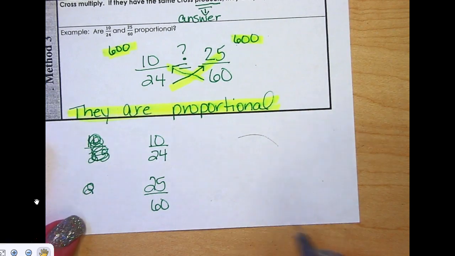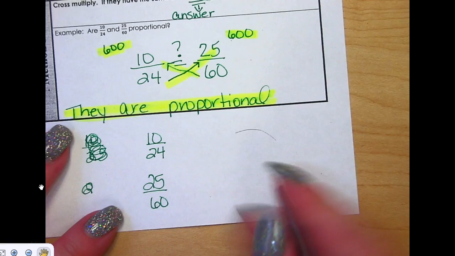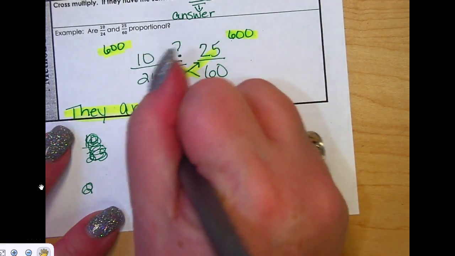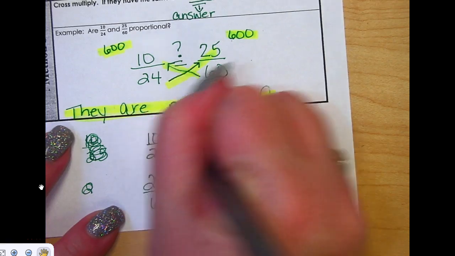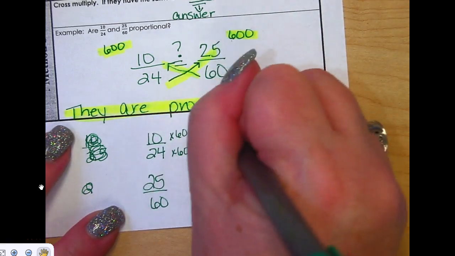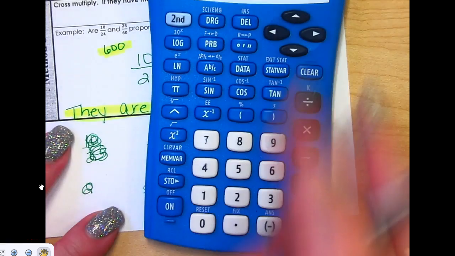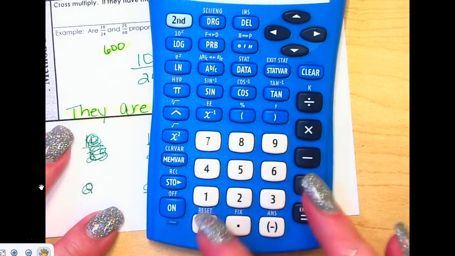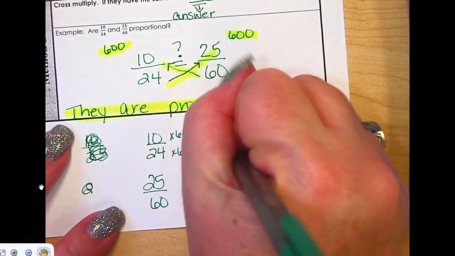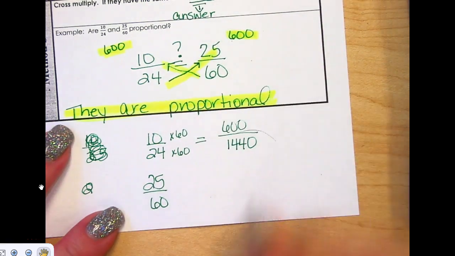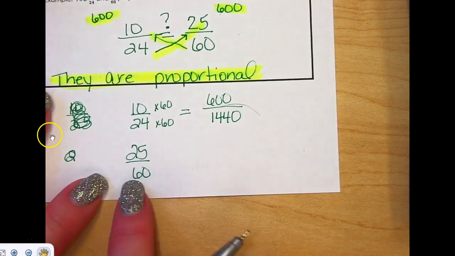So this is saying, if I said times 60, if I wanted to make an equivalent fraction, this is 600 over 24 times 60, 1440. So I took this fraction and multiplied it by this denominator.